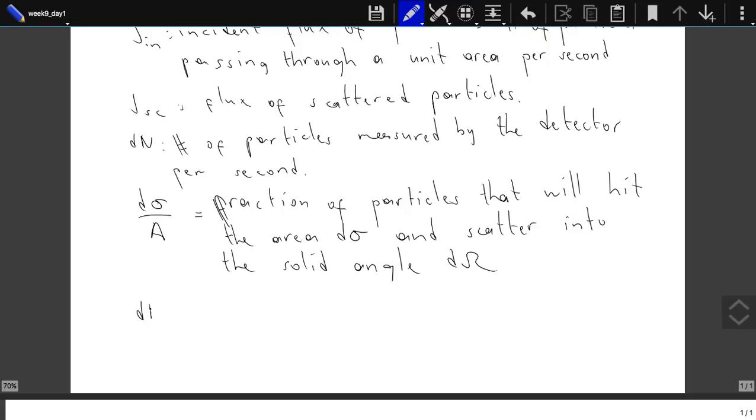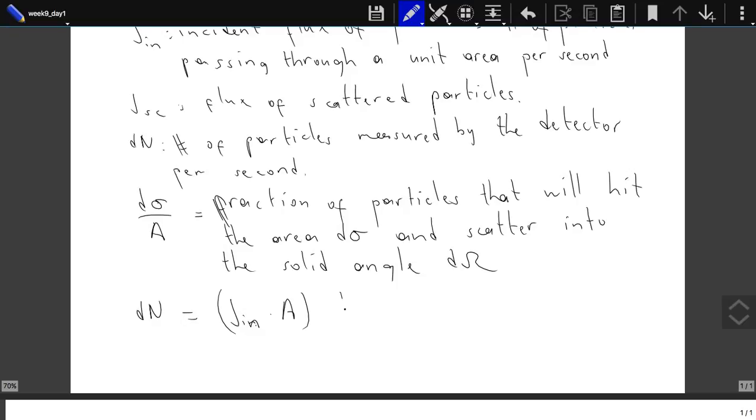So dN, the number of particles per second observed by the detector, will be the total number of particles per second, J incident times A. This is the total number of particles arriving at the scattering center per second.